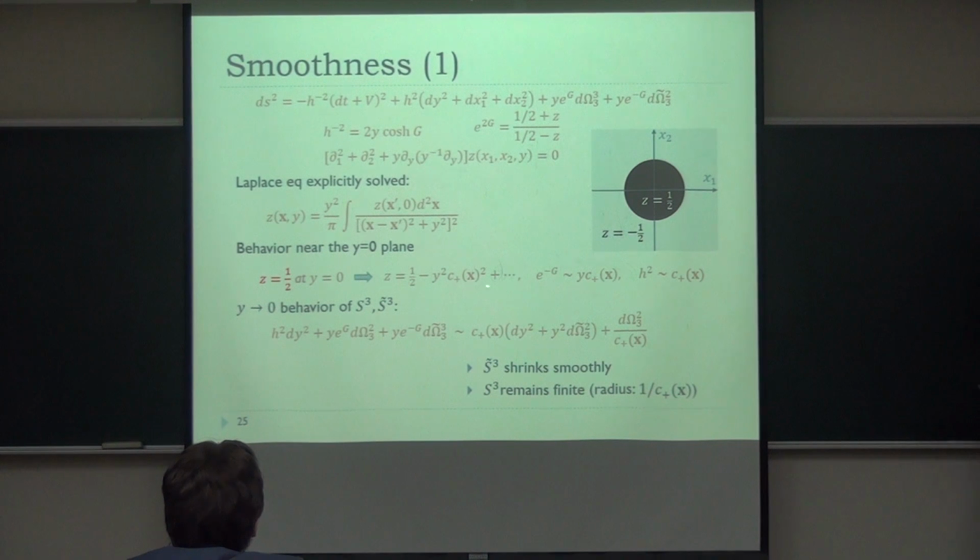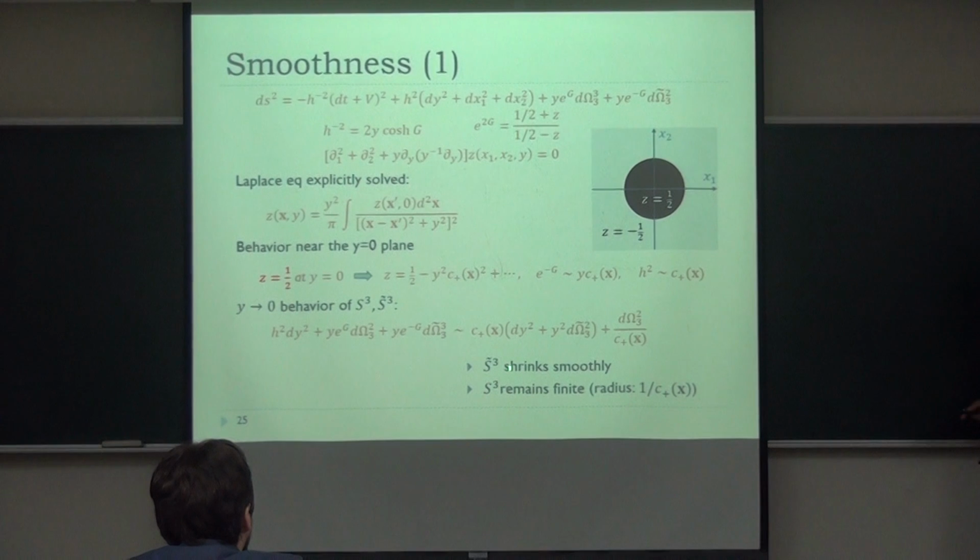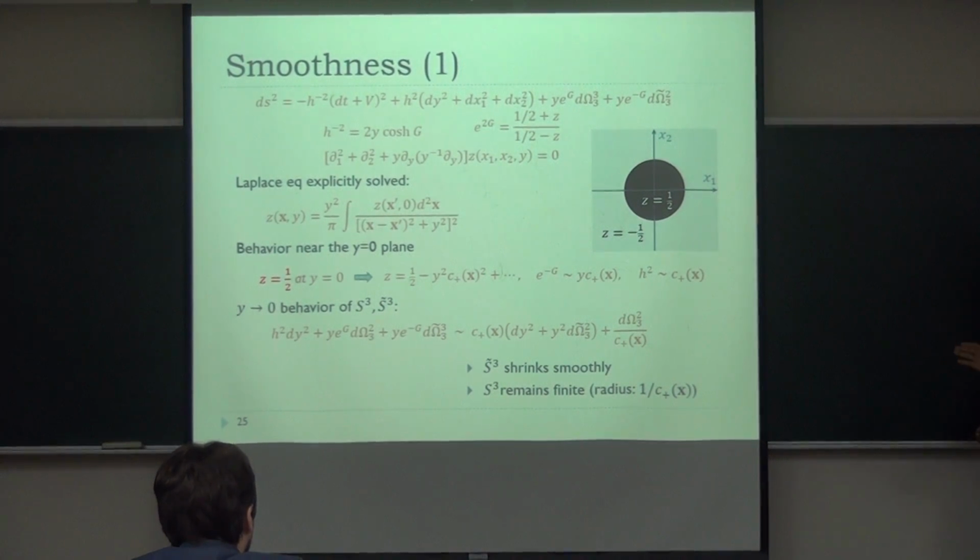And you're going to have some coefficient function depending on x. This is going to depend on the precise form of the droplet, but anyway, you have some positive function, c, and this should be positive because z must be between 1/2 and -1/2, because it's in some sense the average of the values on the y equals 0 plane.